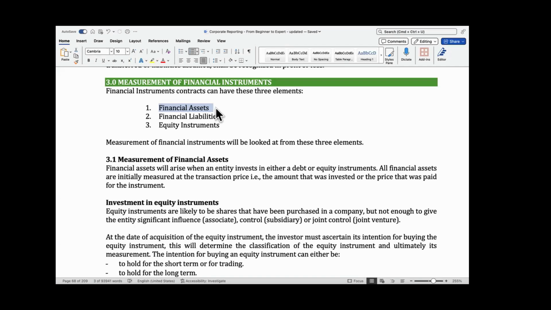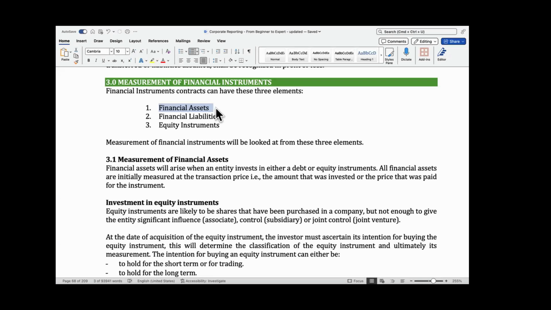The difference is just how you treat changes in fair value. For fair value through P or L, any change in fair value is recognized in P or L, while for fair value through OCI, any change in fair value is recognized through OCI. And we looked at some examples last week on all of this.